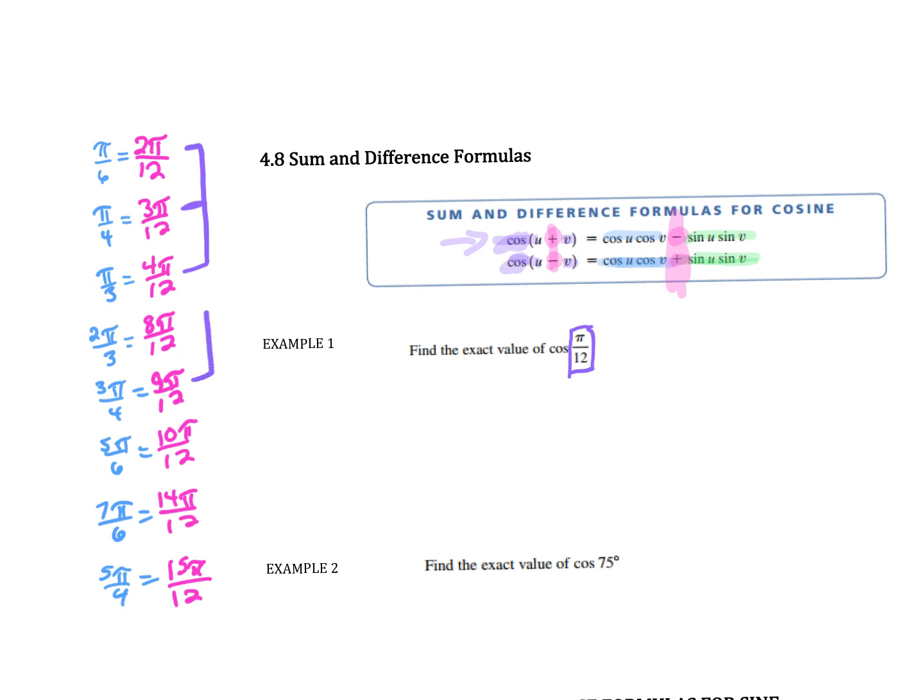We could do 10 pi over 12 minus 9 pi over 12. Lots of options. We just need to decide which one we're going to do. So, Brendan, which one? Take your pick. Which two do we want to use to subtract to get us 1 pi over 12?